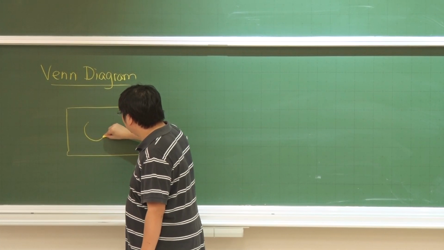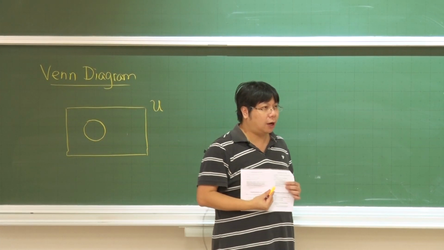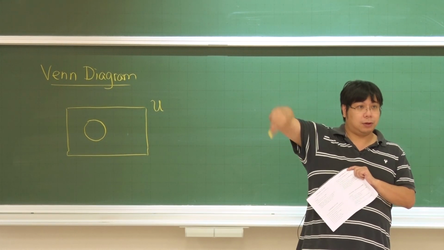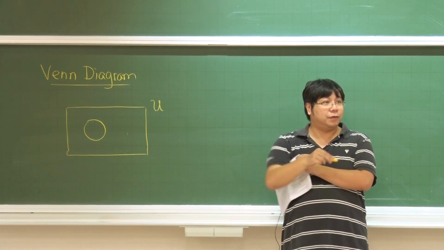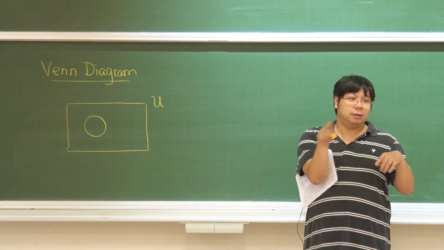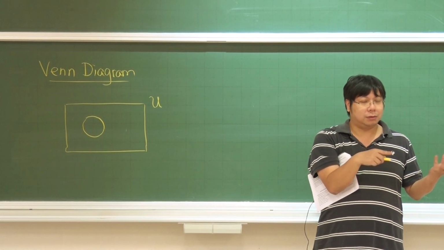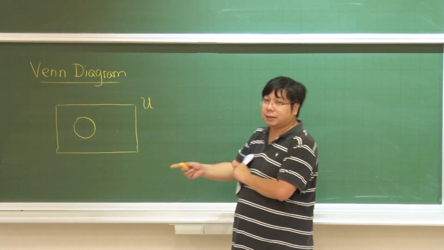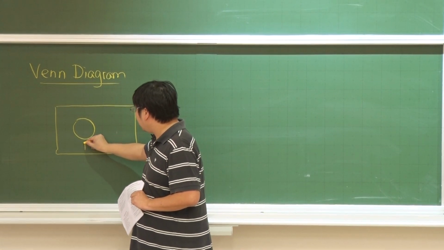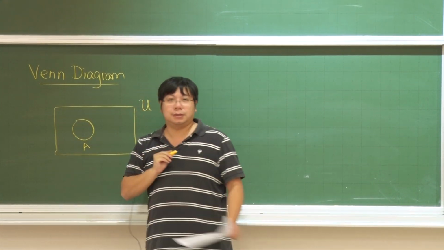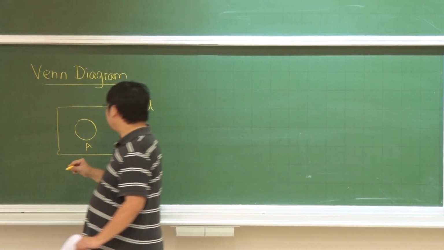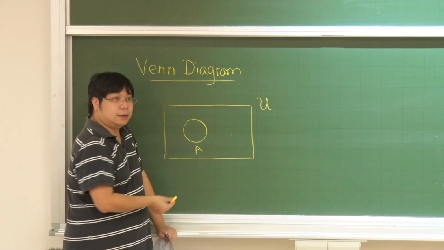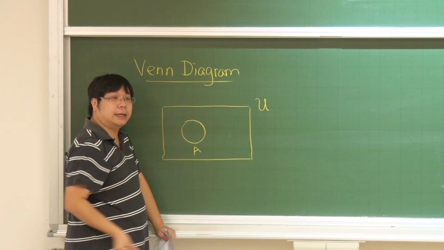We use geometric objects like a circle, an ellipse or oval, or if you like, a small rectangle, or whatever, like a triangle, to represent some set. So I can write down A as a set like this. Everything that is circled inside A will be contained in A.